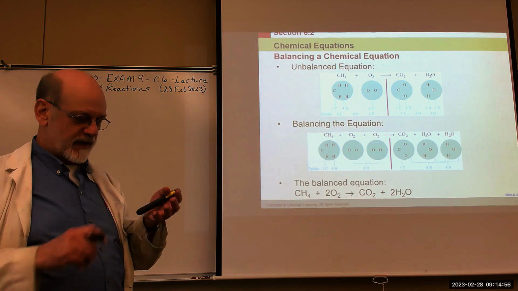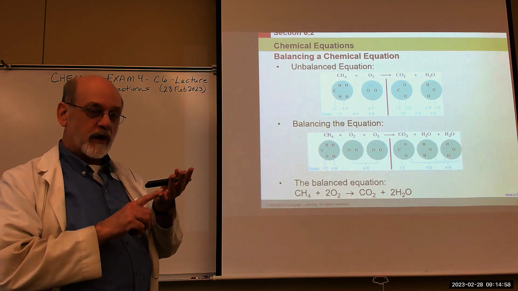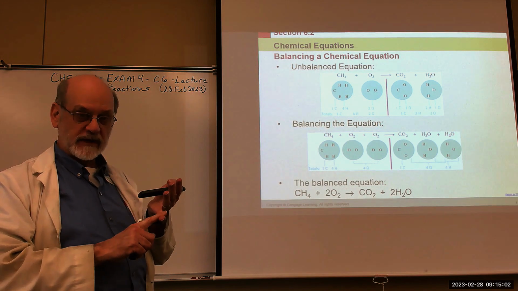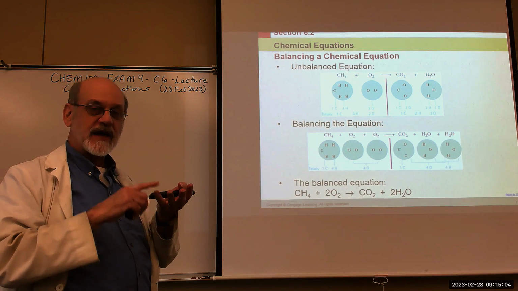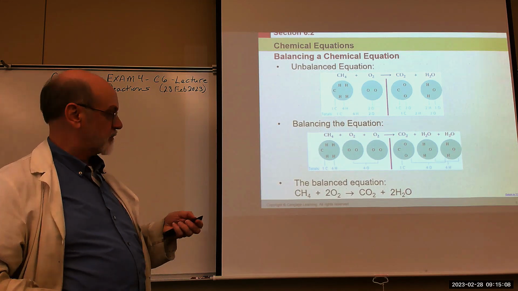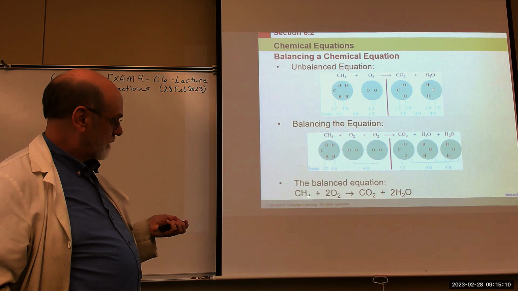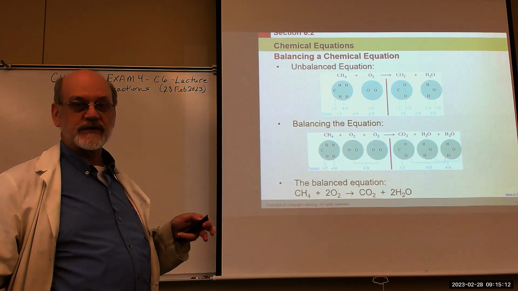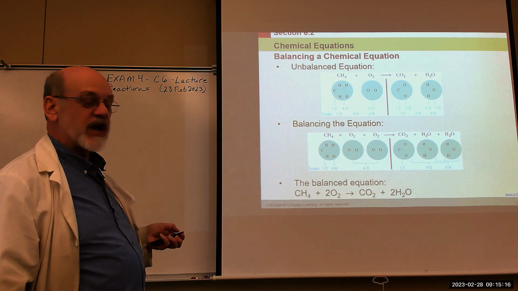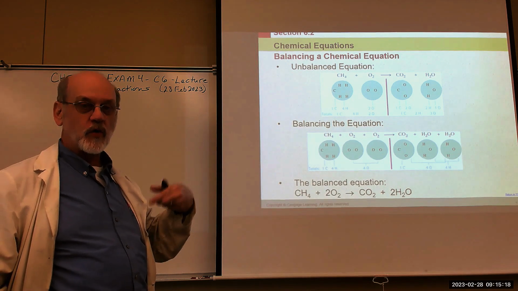Once you have decided what the reactants are and correctly written the compound formulas on the reactant side and the product side, then you cannot change the subscripts. Those are chiseled in stone, as they say. The only way that you can change numbers of atoms is with coefficients.